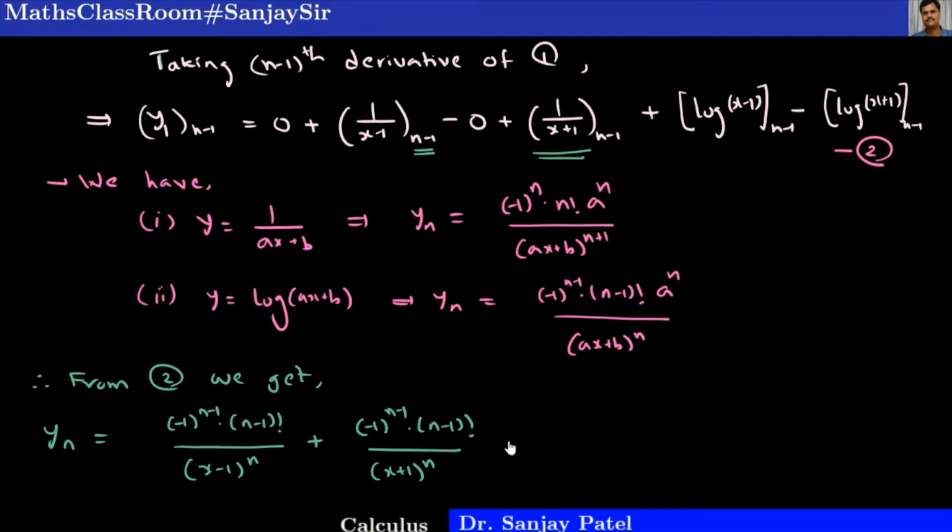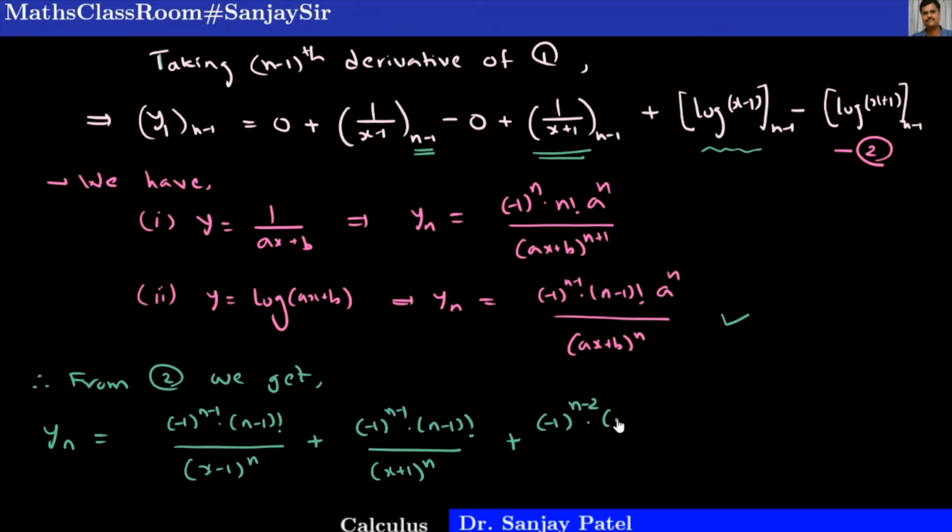Then plus, now consider this term, log of x minus 1, and we have to find n minus 1th derivative. So in this second formula, we must substitute n is equal to n minus 1. So what I will get here for this n minus 1th derivative of log of x minus 1 is minus 1 raised to n minus 2. I am writing n is equal to n minus 1 everywhere.